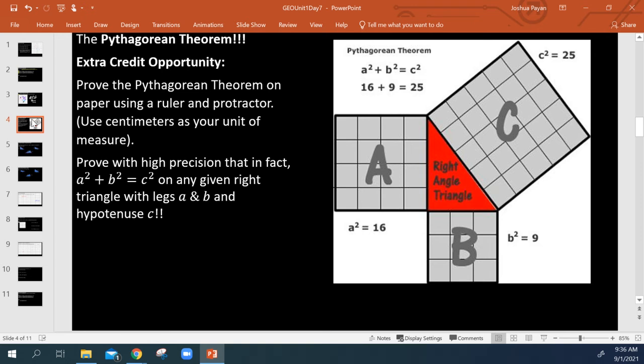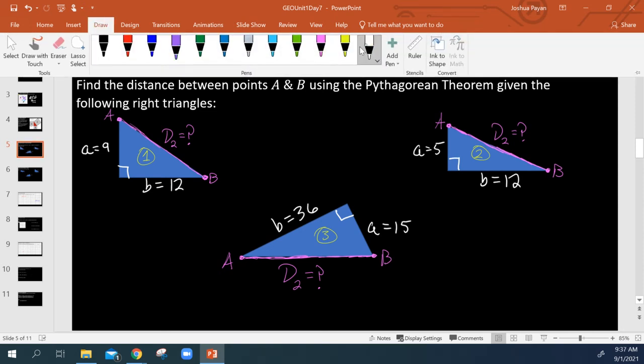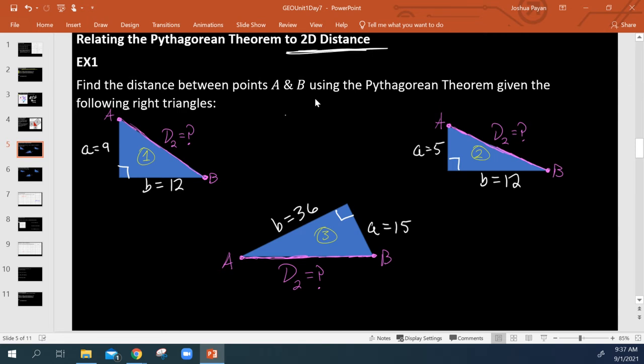So that brings us to the Pythagorean Theorem. Here's a basic picture of what it looks like, and basically the proof of it, right? This is a geometric proof, and if you want extra credit, make one of these yourself. Okay, so here we're just going to practice using the Pythagorean Theorem, right? And we're going to see in a second it's going to apply to two-dimensional distance, but we'll get there.